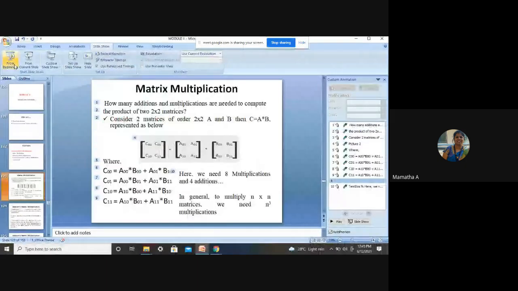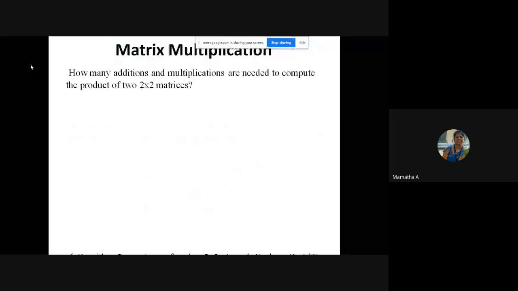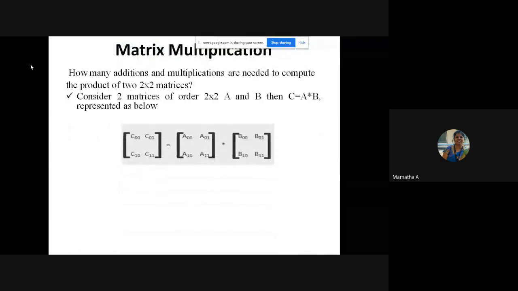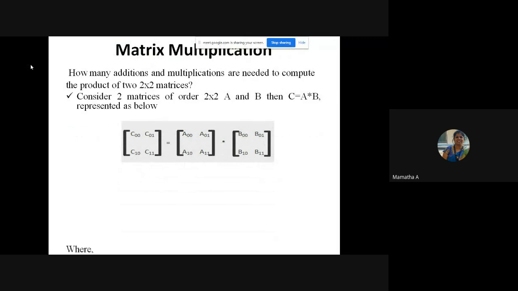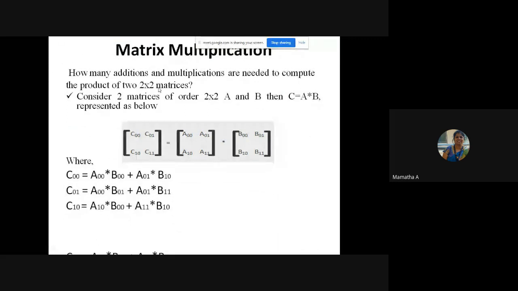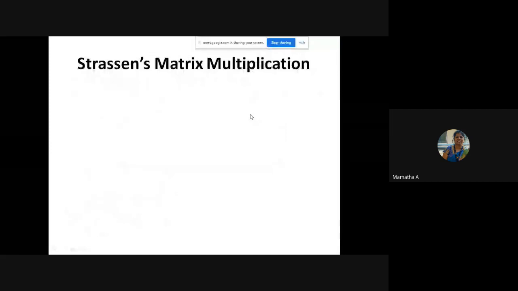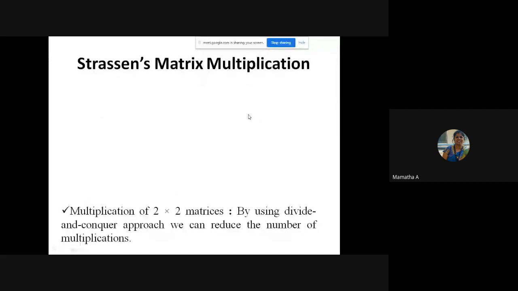So before we go for Strassen's matrix multiplication, let me first tell you how many additions and how many multiplications are basically needed to compute the product of two cross two matrices. Then we will go for Strassen's matrix multiplication.